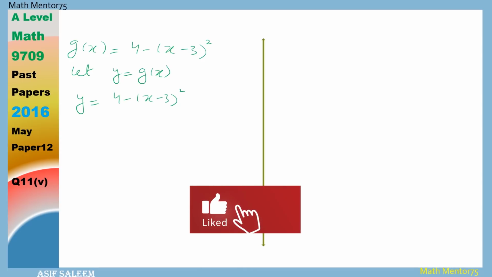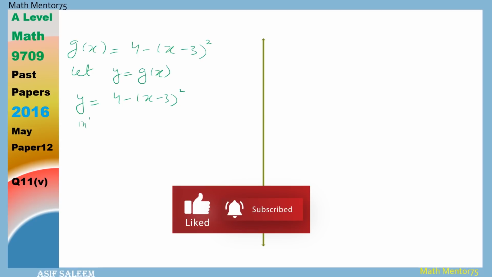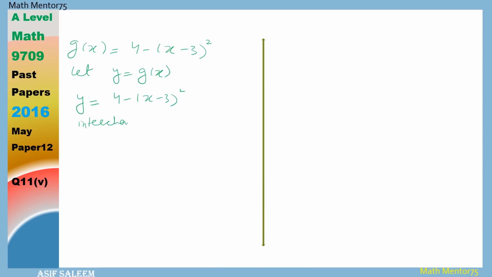Then we interchange x and y. Wherever there is x we write y, wherever there is y we write x. Now our target is to make y the subject of the formula.